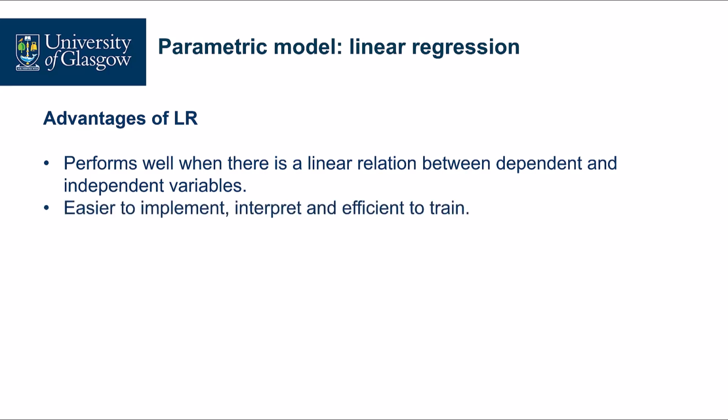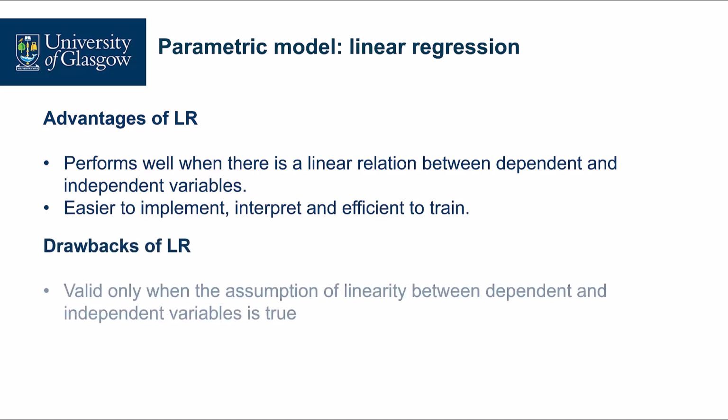The result is also easy to implement and easy to explain, and the training is efficient. The drawback is that linear regression is valid only when the linear relation exists. Otherwise, we can't expect linear regression to provide a good result. Also, linear regression is sensitive to outliers. What outliers are, we will discuss in future weeks.